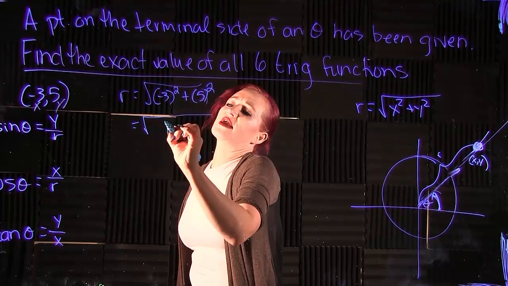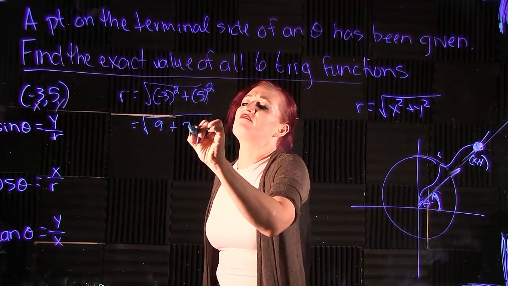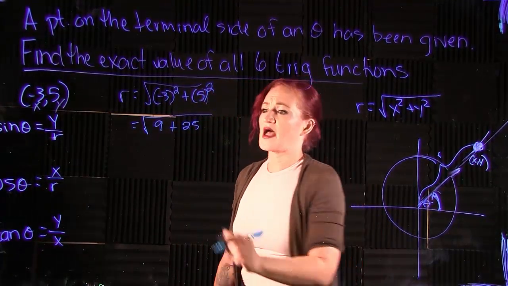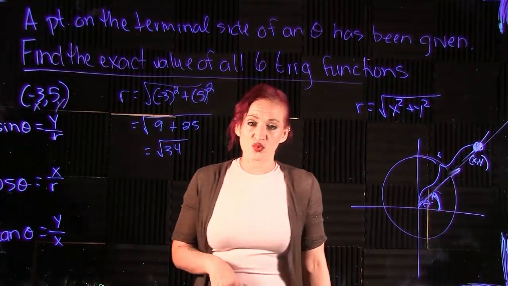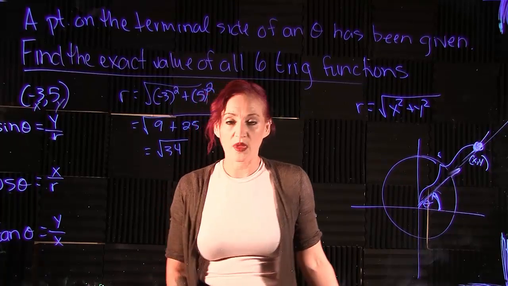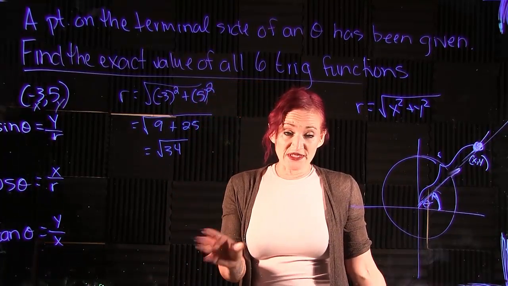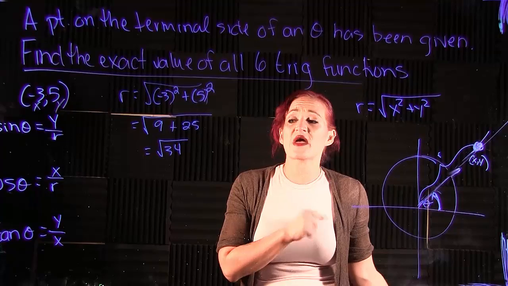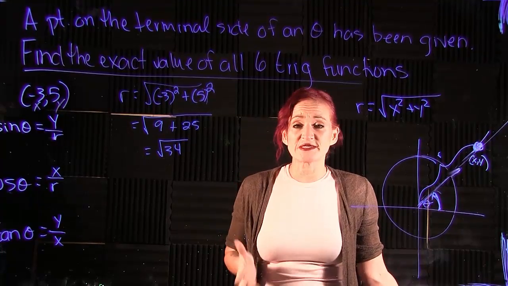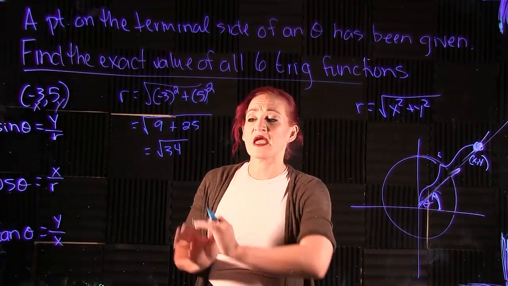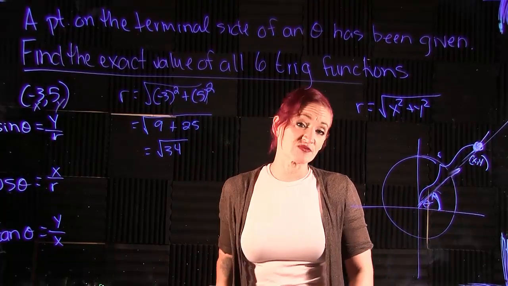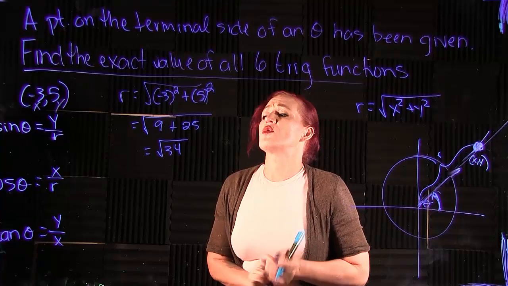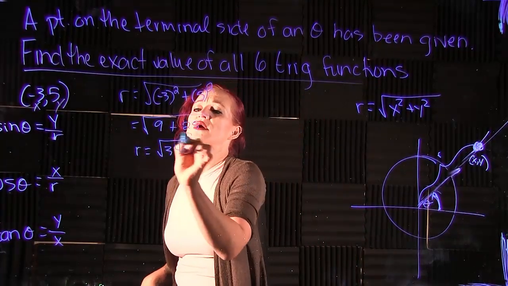Negative 3 squared is 9, 5 squared is 25, and if we add these together, we get the square root of 34. If your radical can be simplified, you want to go ahead and simplify it. Square root of 34 cannot be simplified any further. And again, in most examples dealing with trig, you want to simplify the radical, not use the decimal that your calculator would give you. So r is equal to the square root of 34.